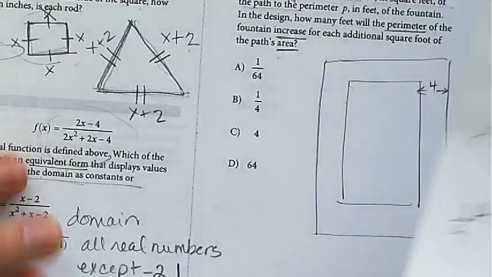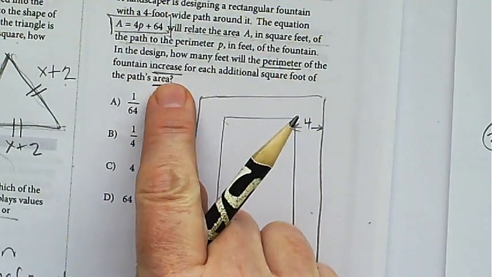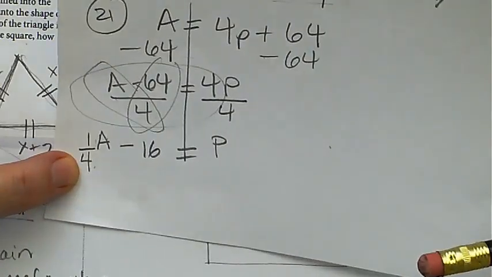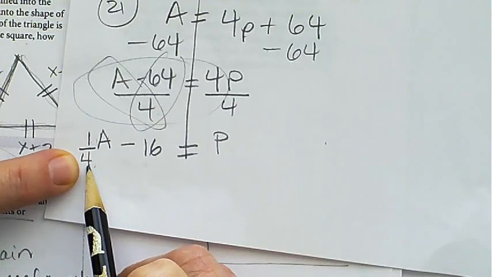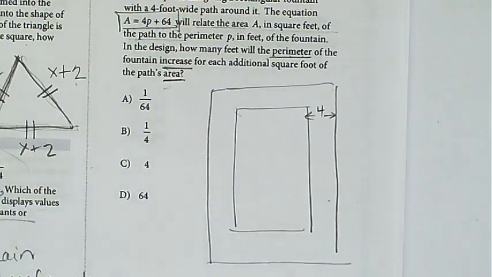So they're asking how many feet will the perimeter increase for each additional square foot of area. They're looking for the slope of this equation. And the slope of this equation is 1/4. So for 21, the answer would be 1/4.